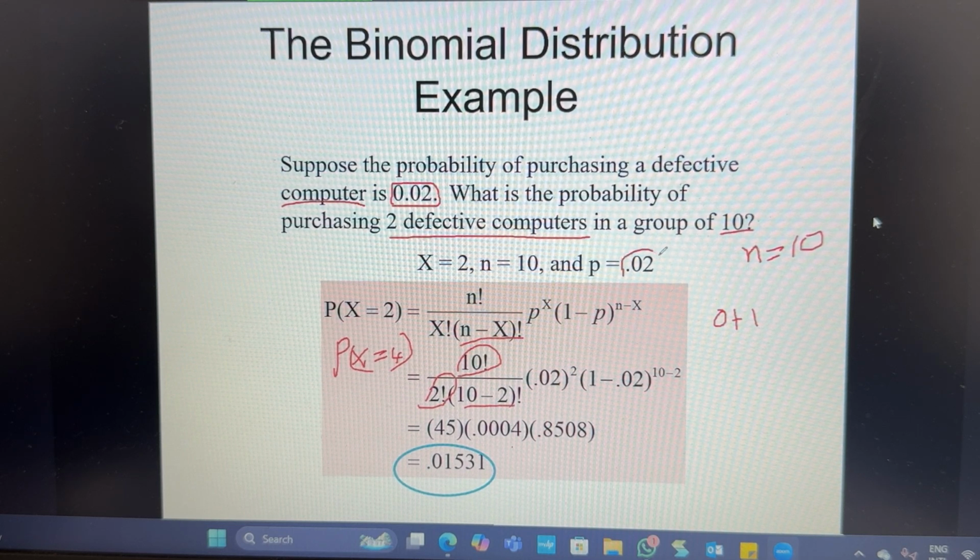If this is 0.02, then 1 minus p, the balance, is 0.98. So you substitute p 0.02 to the power 2, then 0.98 to the power 10 minus 2. When you summarize, your answer would be 0.01531.